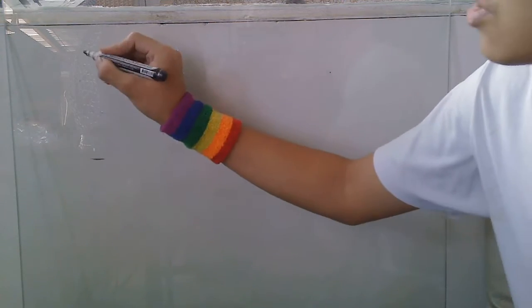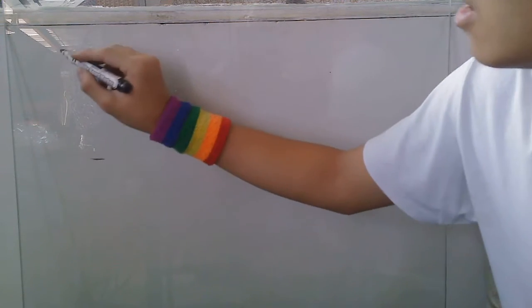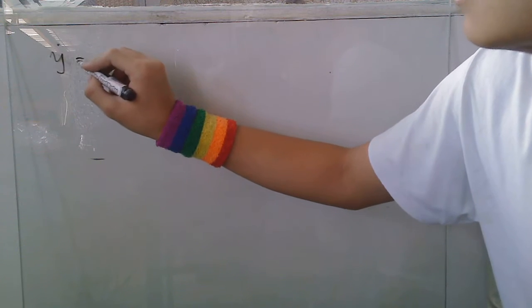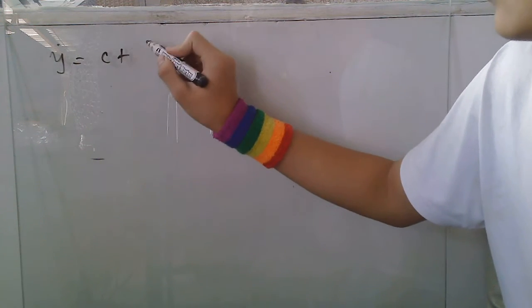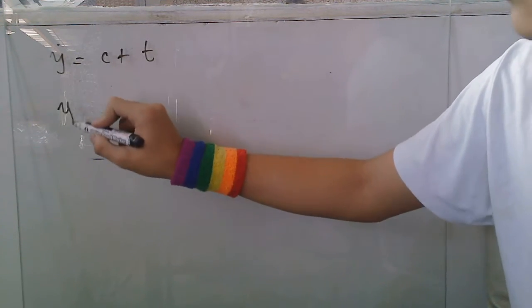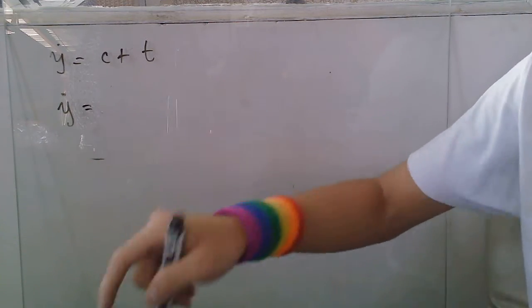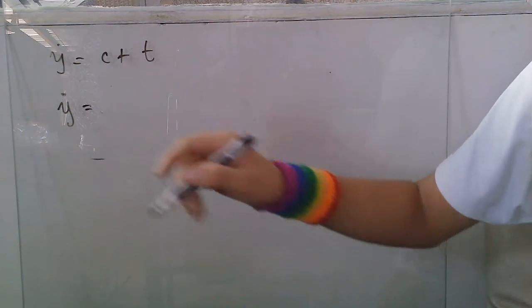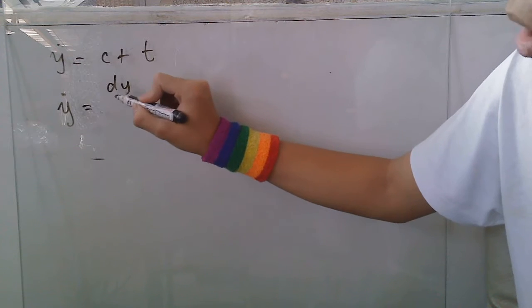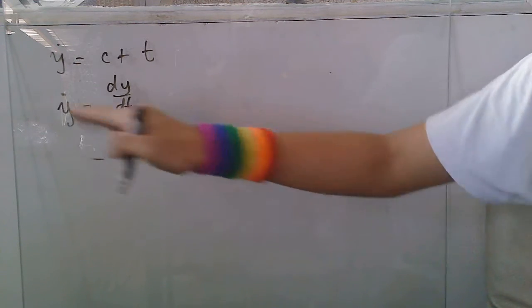Okay, so c y dot is equal to c plus t, where y dot, I just want to know the y dot. I'm adopting Newton's notation. Y dot is just basically dy over dt, or the derivative of the function.